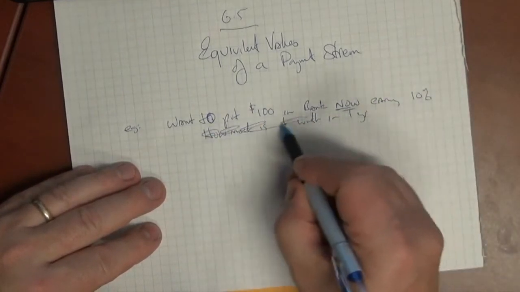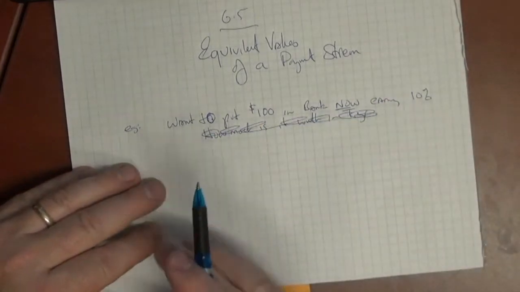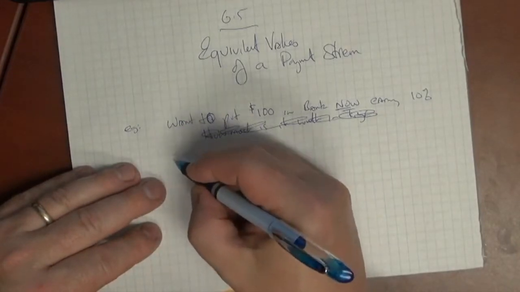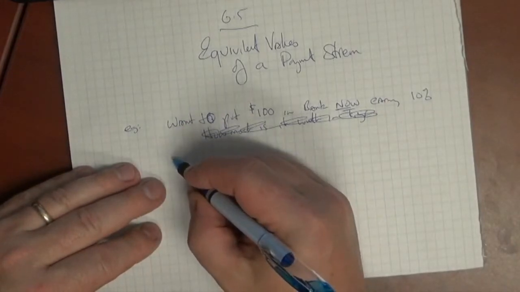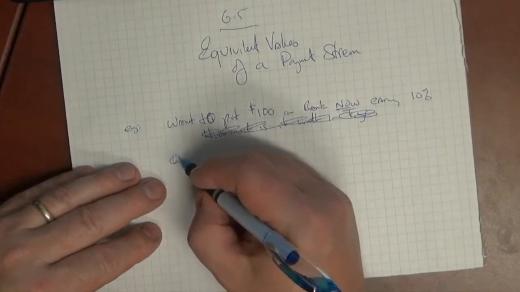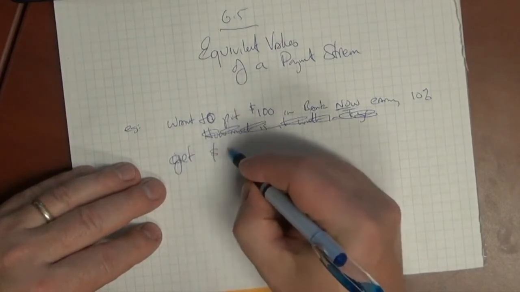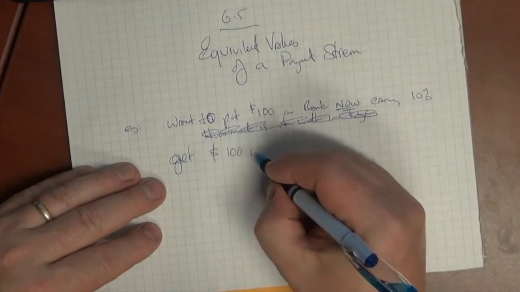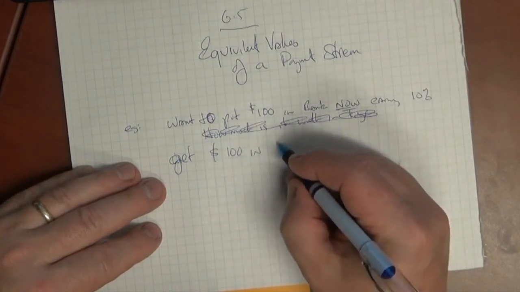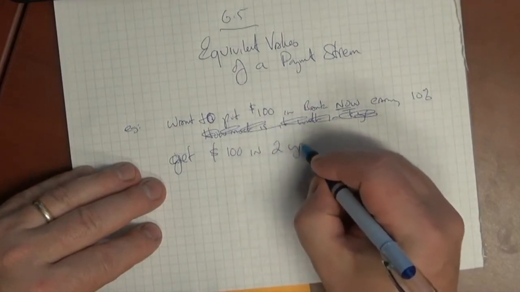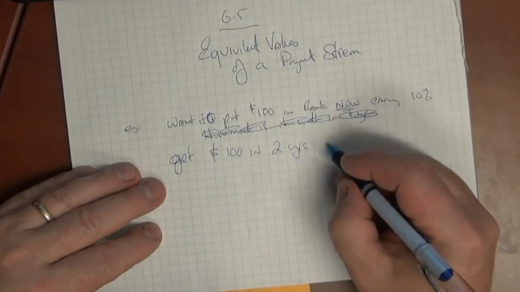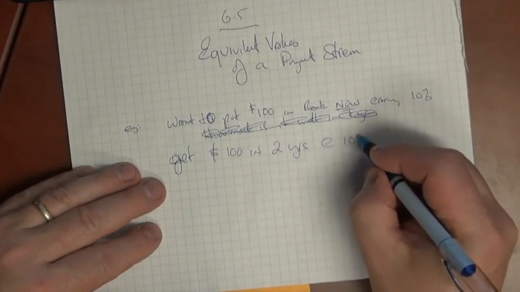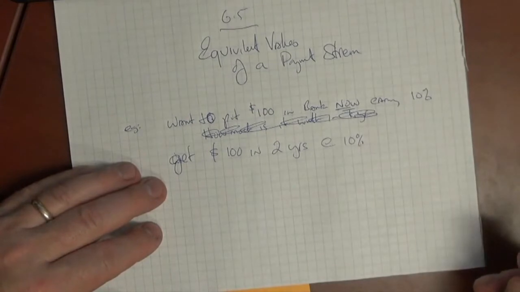And you also want, let's assume you're going to get $100 in 2 years at 10%. So someone's going to give you $100 in 2 years.